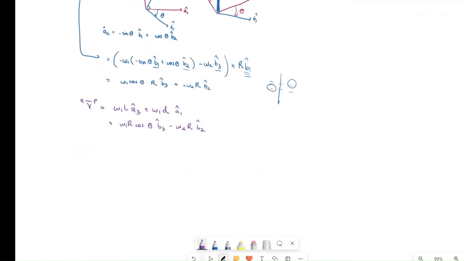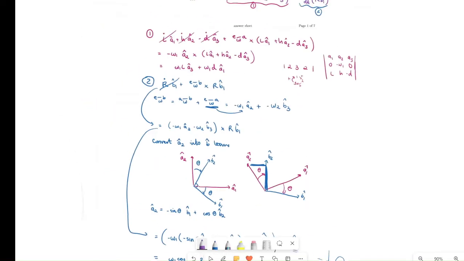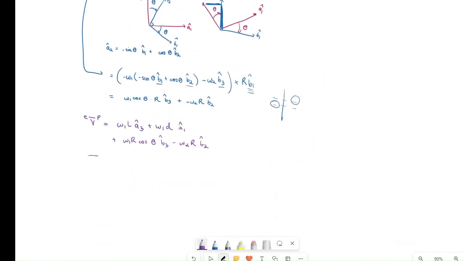Okay. And then I think we can just plug in the values now. So we got from above that omega 1 equals 3. Let me write this down. So omega 1 equals 3.